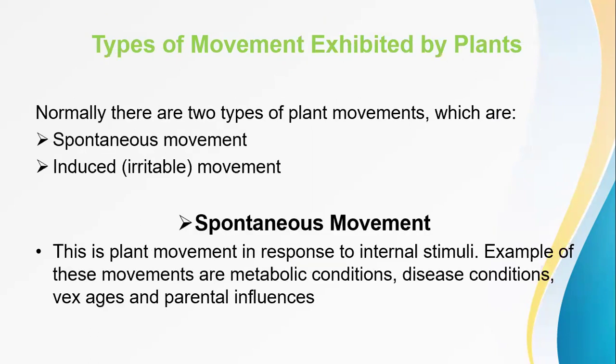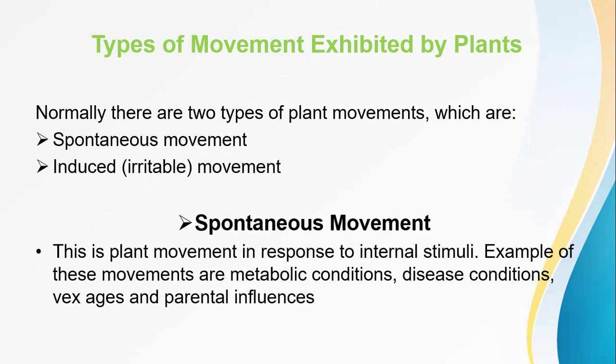Now from there, we get that there are mainly two types of the movements that are exhibited by the plants. These are the spontaneous movement and the induced or irritable movement. Talking about the spontaneous movement, as we said before, this is a kind of movement whereby the plant moves in response to the internal stimuli.